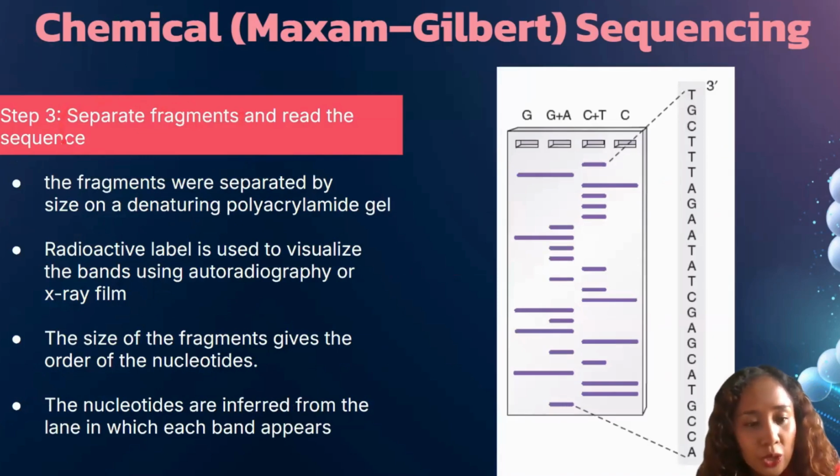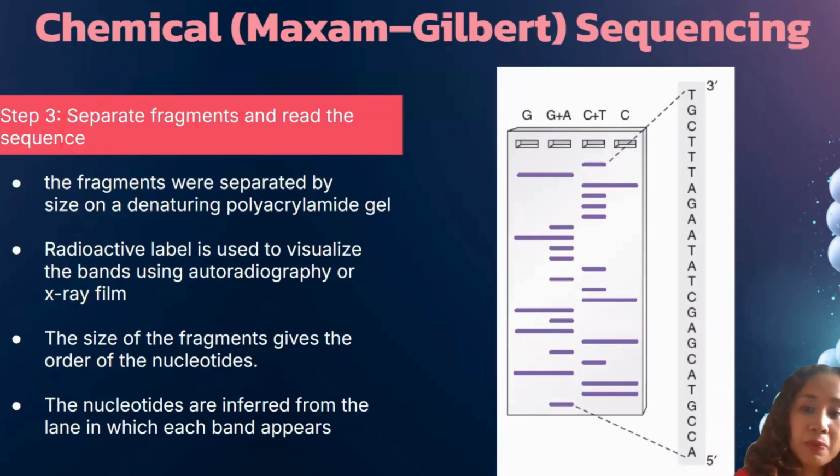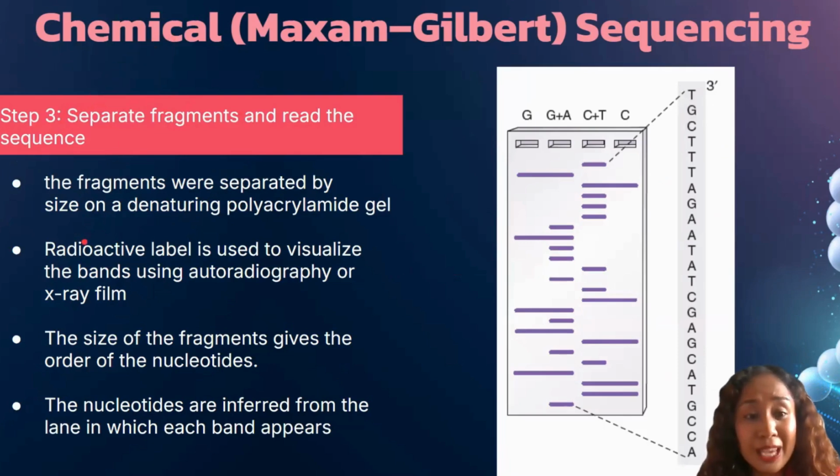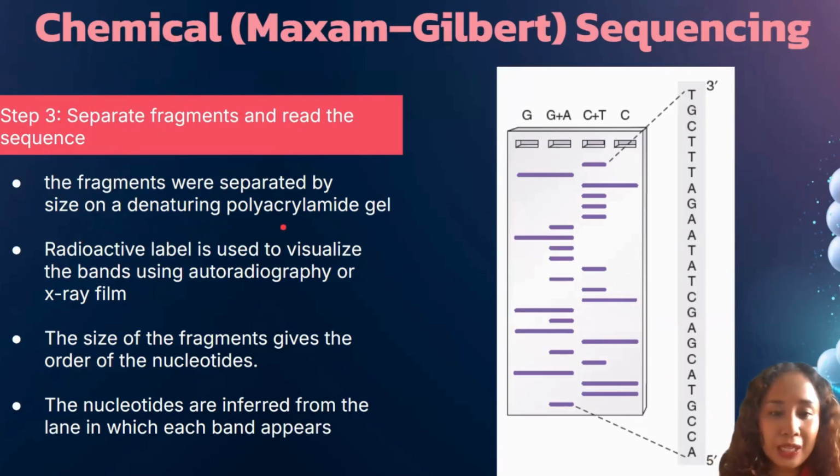Now, once you have separated them into fragments, you will separate them in a polyacrylamide gel. Polyacrylamide gel is vertical. What we did last time was horizontal electrophoresis, and we used agarose gel instead of polyacrylamide.